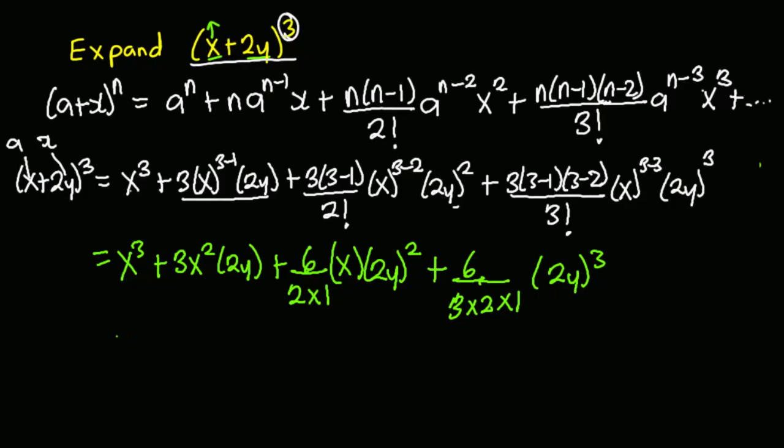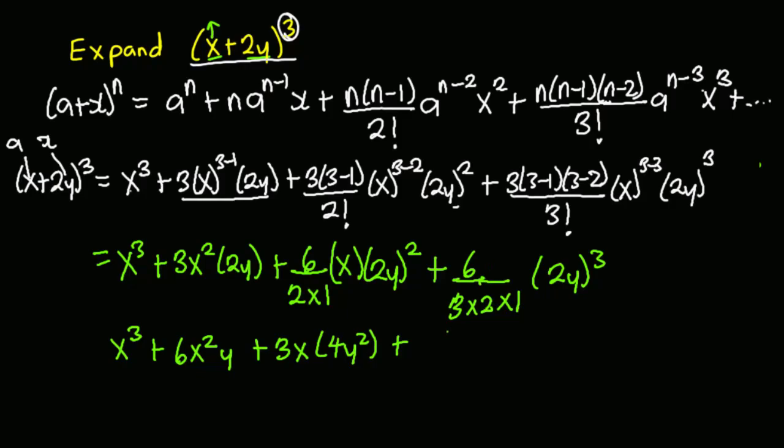So this gives x cubed plus 6x squared y plus 6 divided by 2 is 3. So we have 3x times 4y squared, so that will give us 3 times x times 4y squared plus 6 divided by 3 times 2 is 6.